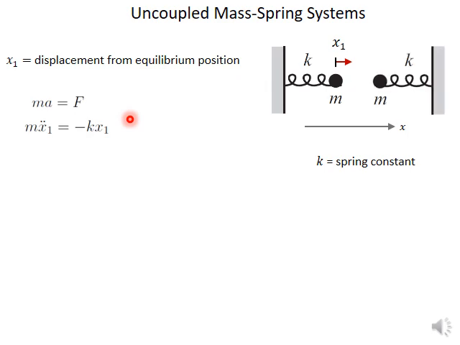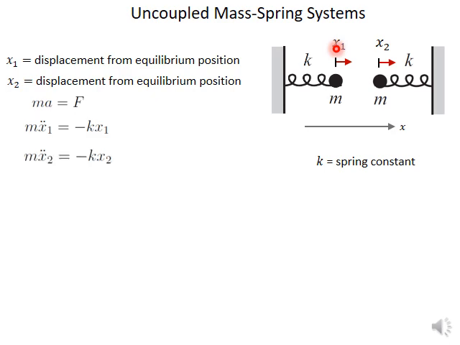Let's consider another identical system. Again, the same mass, an exactly identical spring connected with another rigid wall, and let the displacement of this other mass be x2 from its equilibrium position. Again, it can be a positive or negative displacement, and one can write F equals ma for this system as well.